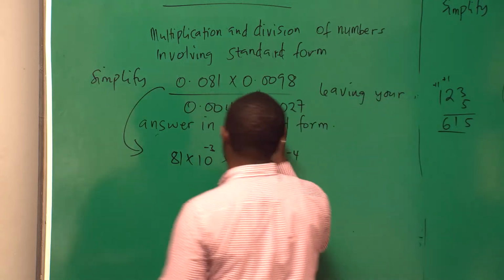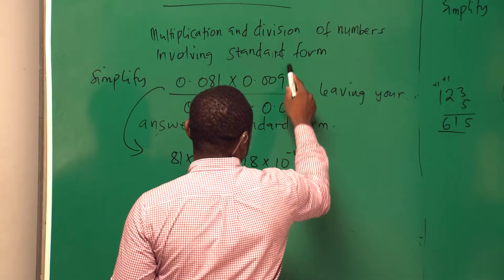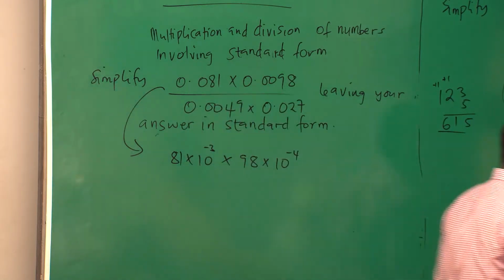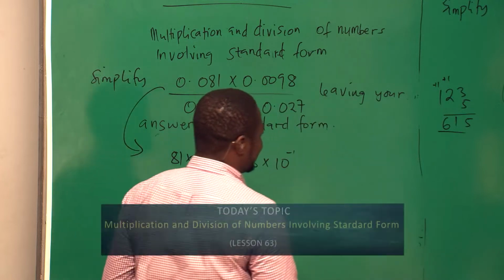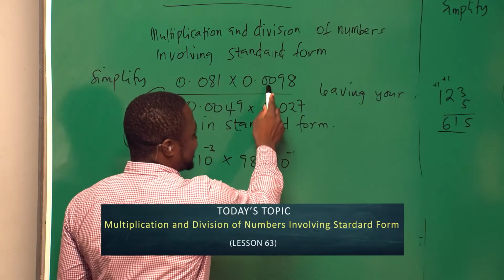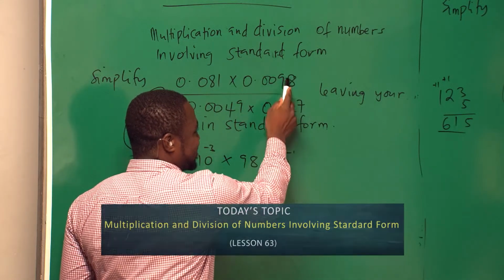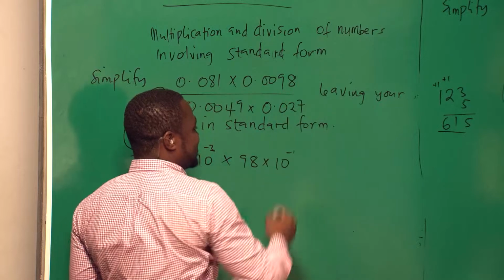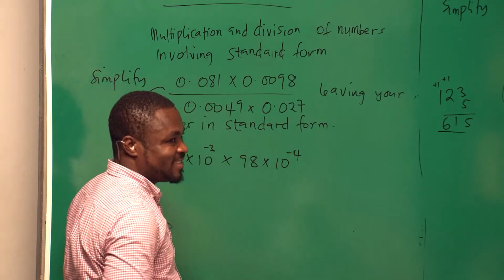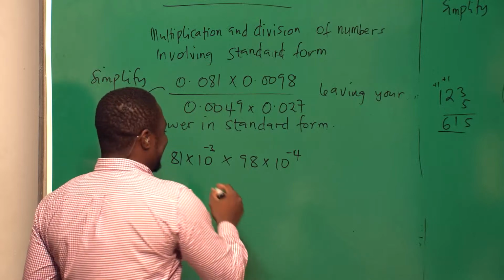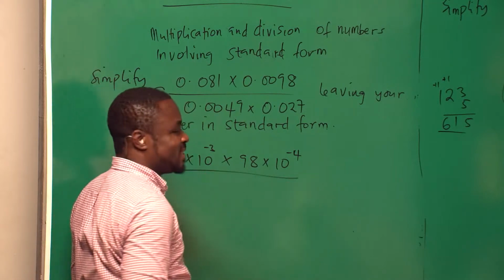Are you sure? Look at it well. Count it properly. 1, 2, 3, and then 4. That's okay. I just wanted to verify the answer. Ochad is right.